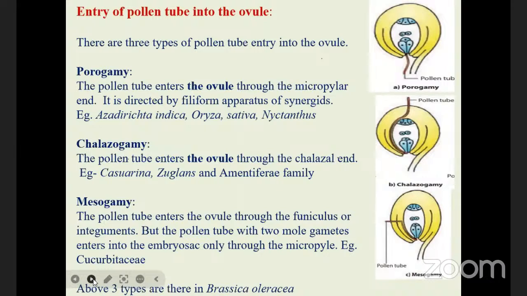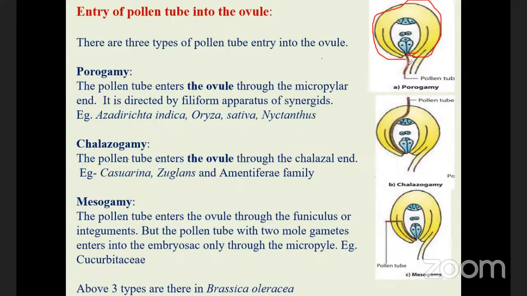And then the next, entry of the pollen tube into the ovule. Till now the pollen tube has grown in the style and then reached the ovary. From the ovary, it reaches toward the ovules. How is it reaching?